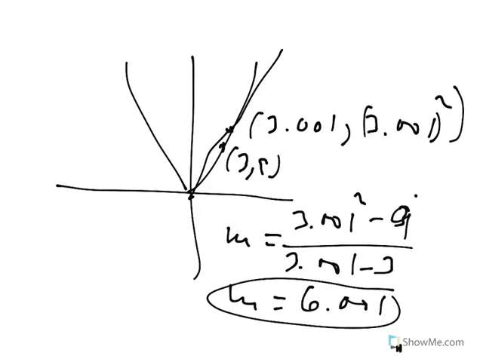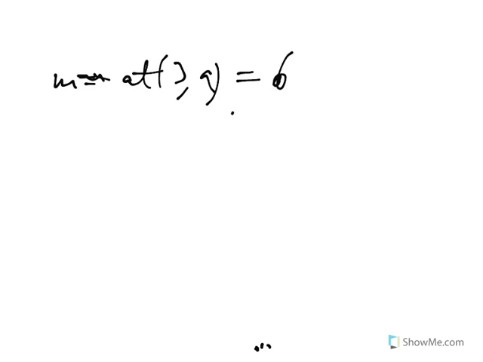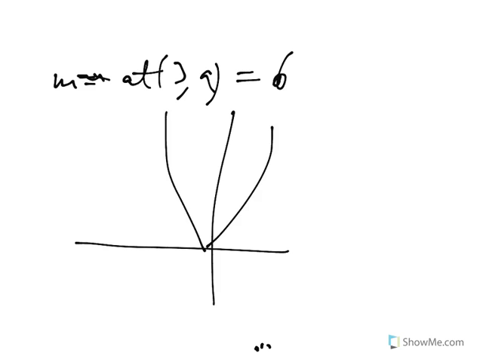So we can infer that the slope at 3, 9 will actually equal 6. And it's true, it does equal 6.